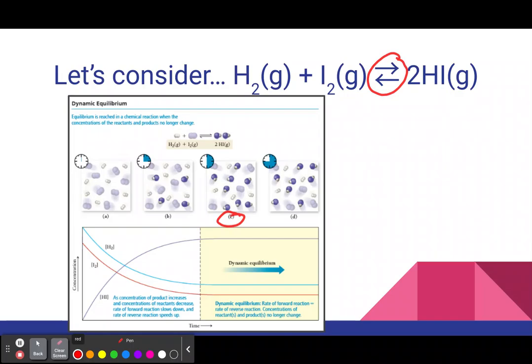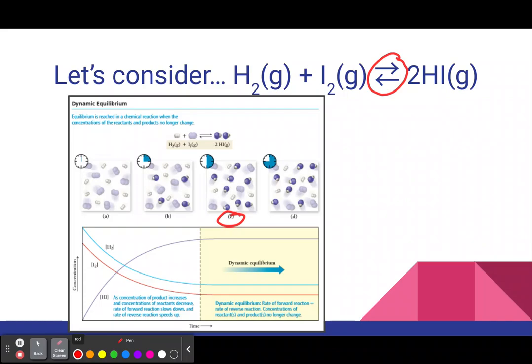Equilibrium was reached at point C because the concentration did not change from point C to point D. And that's exactly what the graph below this is illustrating: at that half hour mark, the rate of the forward reaction and the rate of the reverse reaction are equal, which means dynamic equilibrium has been reached.